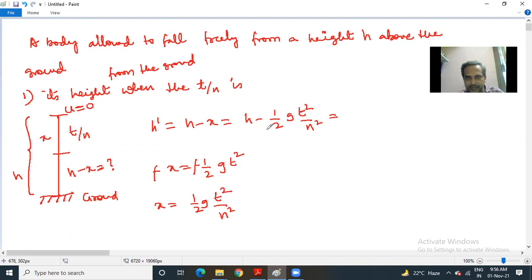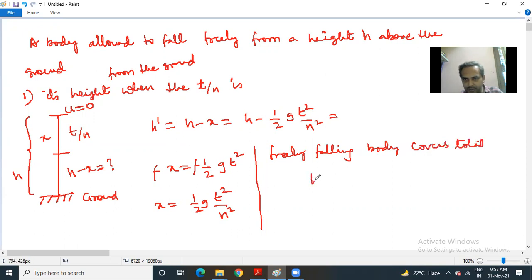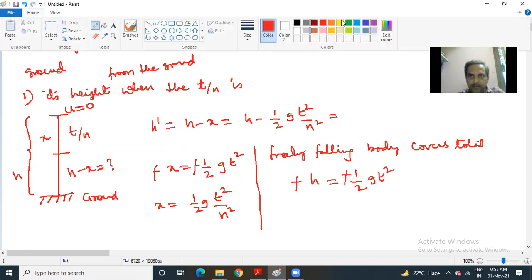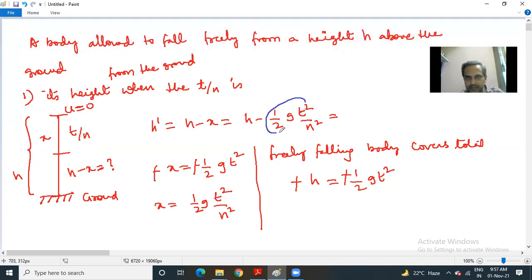This h is half g t square, because a freely falling body covers the total height h in total time t. Once again, make use of s equal to ut plus half at square. For the total height, it will be just half g t square, because total time is t, and the negatives cancelled. So you substitute here, and this is once again h only.